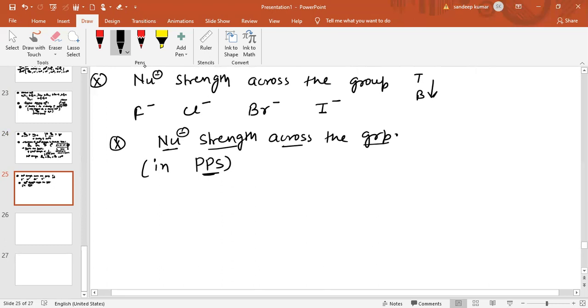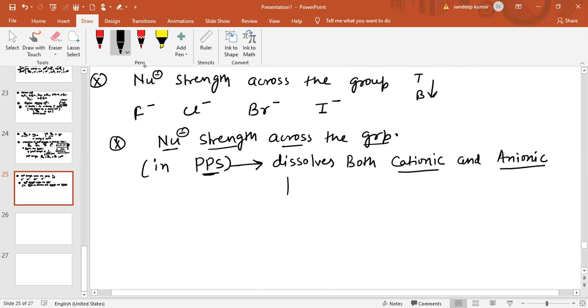Basically, we know that polar protic solvent dissolves both the cationic and anionic parts of the reagent.